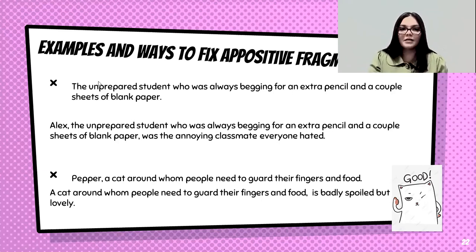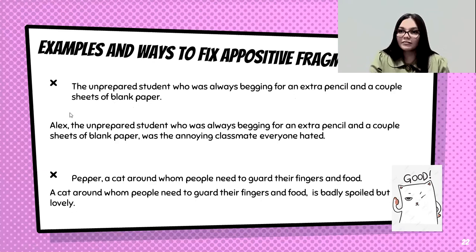Let's take a look at examples. The unprepared student who was always begging for an extra pencil and a couple of sheets of blank paper. Why? It's incomplete, right? It's just a noun phrase. How do we fix it?